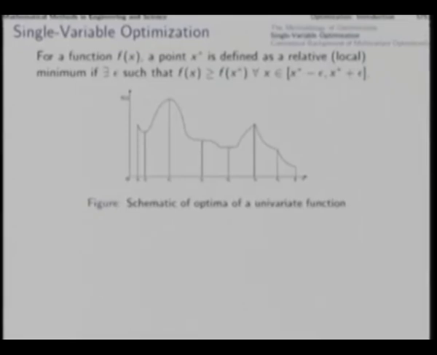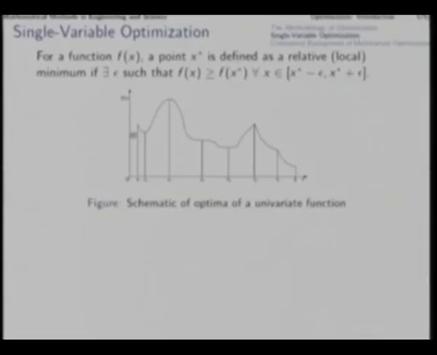Say for a function f of x, a single variable, a point x star is defined as a local minimum point if there is some epsilon such that at all other points in this epsilon neighborhood, that is epsilon on this side and epsilon on that side, the function value is greater than or equal to the function value at the current point x star. Then you define the point x star as a local minimum point.